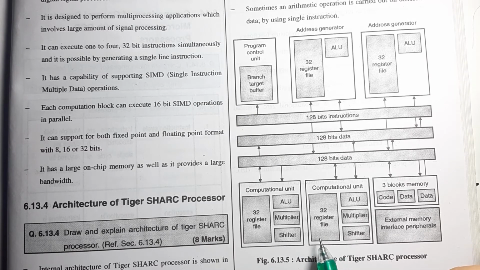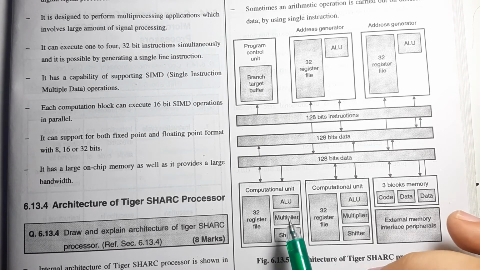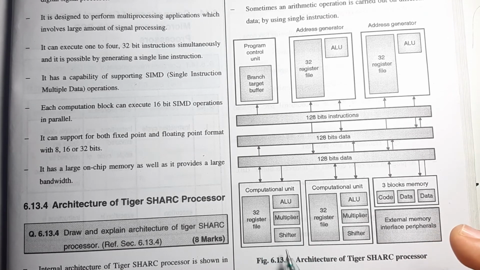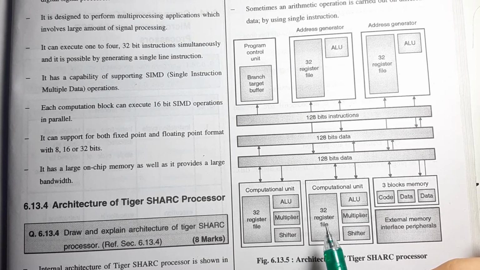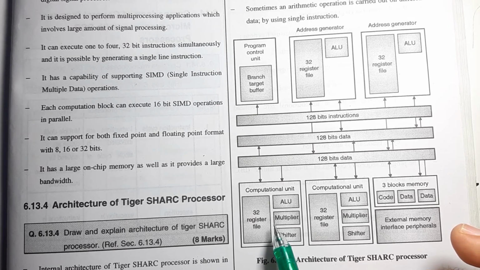Each computational unit makes use of 32 or 64-bit inputs, and it handles both fixed point and floating point data. As shown in the figure, each computation unit has a data register file having 32-bit registers.